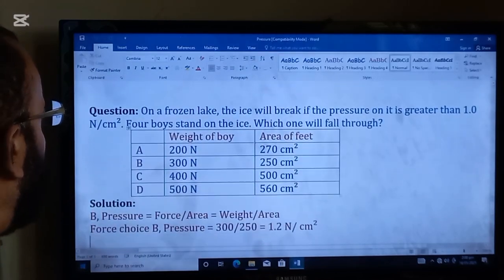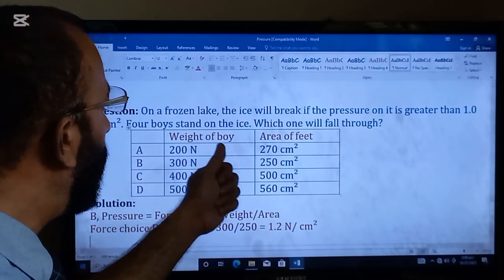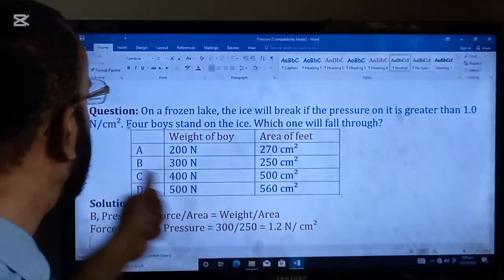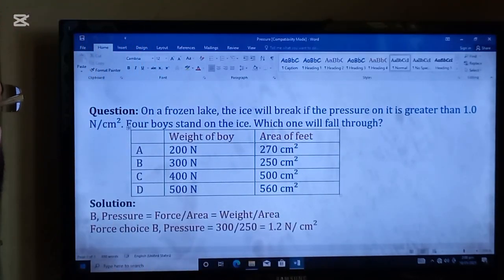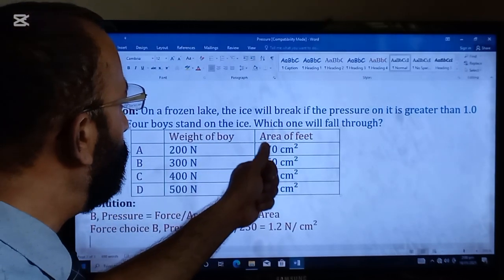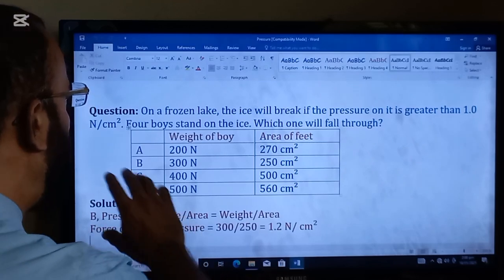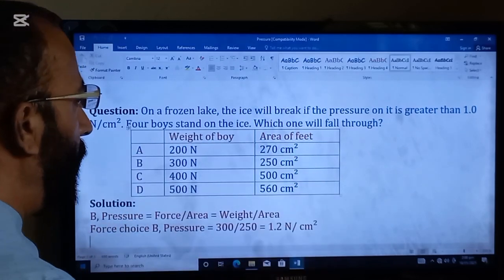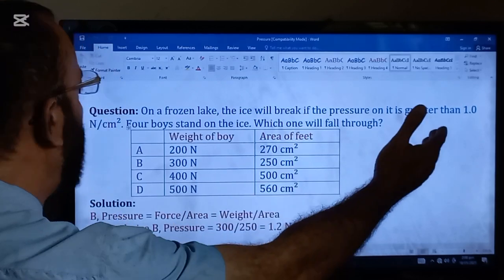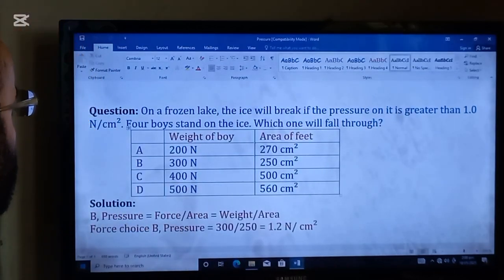And another question is here. On a frozen lake, the ice will break if the pressure on it is greater than 1 Newton per centimeter square. 4 boys stand on the ice. Which one will fall through? So we will find the pressure of all four boys. A person whose pressure is more than 1 Newton per centimeter square will fall into the lake.